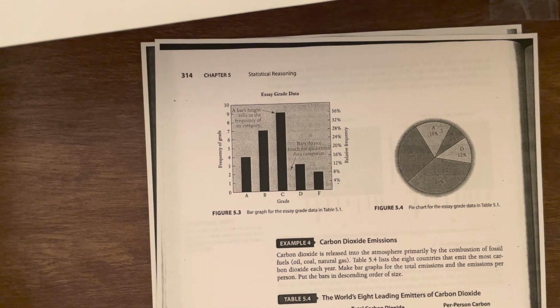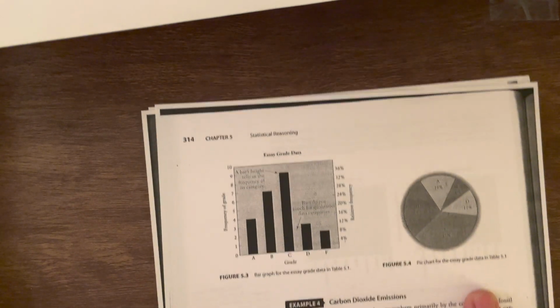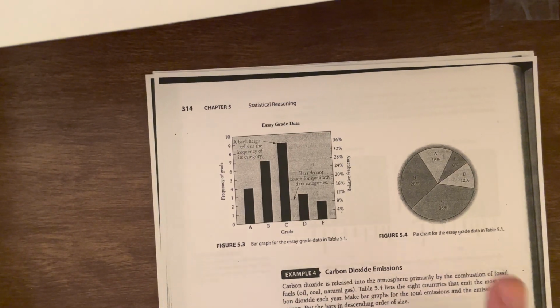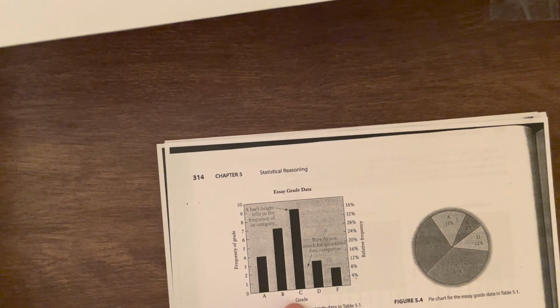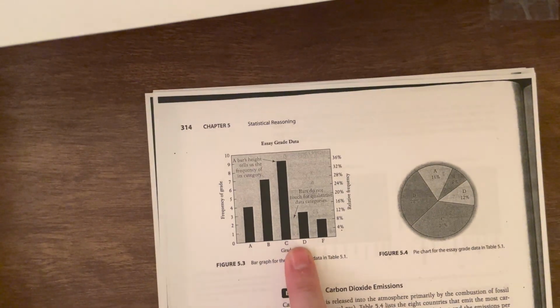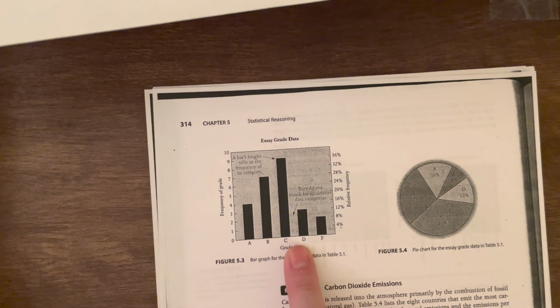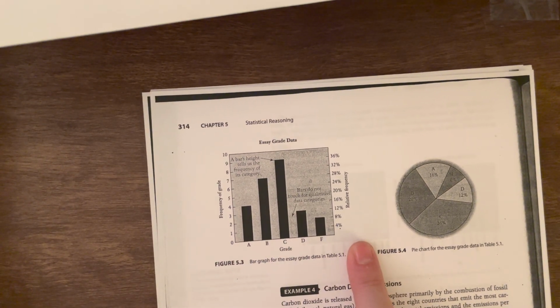Let's jump right in. Again, there are some nice ones in the book if you want to flip through, but here we go. Page 314: they took the grades from that first problem, the letter grades, and made it into a bar graph.